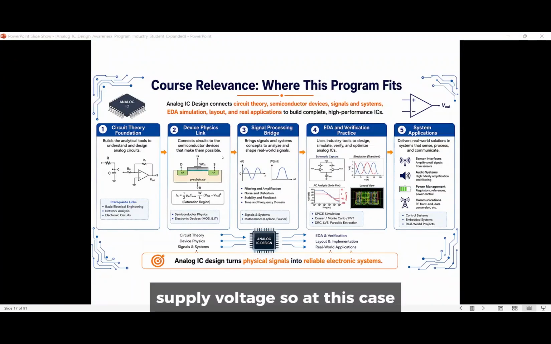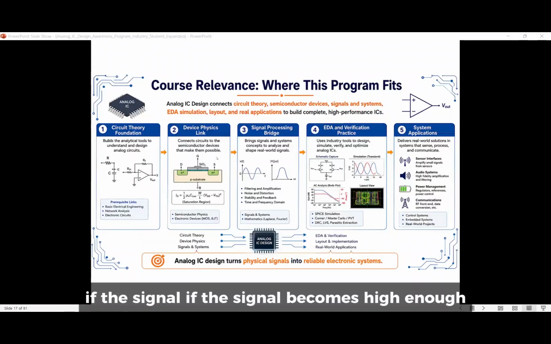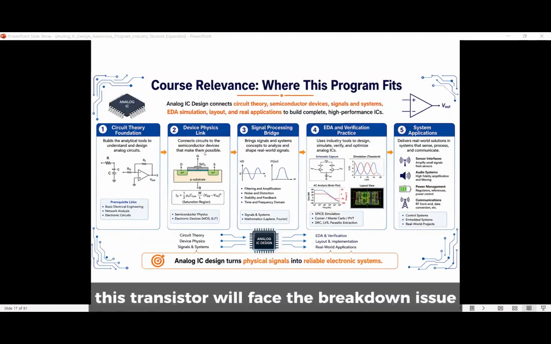In this case, the transistor will experience the off, saturation, and linear regions. If the signal becomes high enough, for example approaching or even exceeding the supply voltage, this transistor will face the breakdown issue.